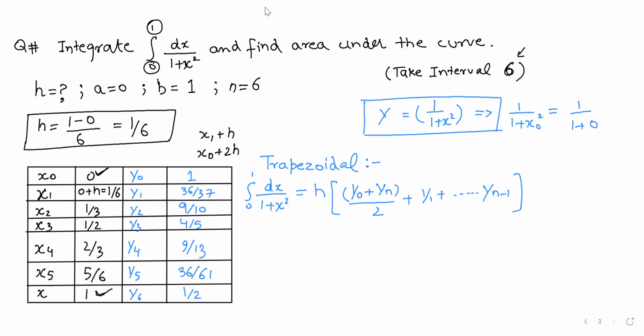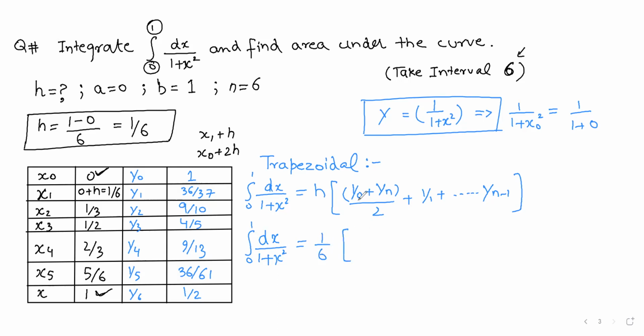So in here, let me just write it: the integral from 0 to 1 of dx over 1 plus x squared is equal to, what is the value of h? h is equal to 1 by 6.